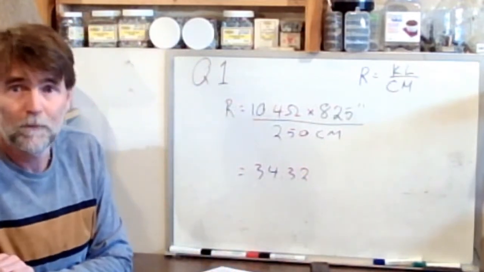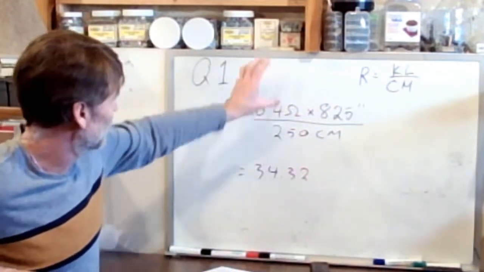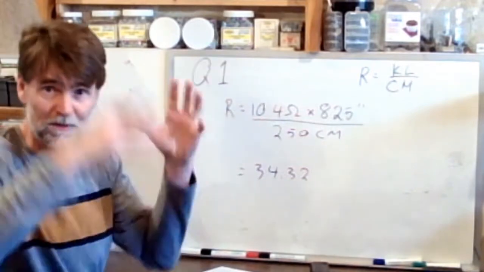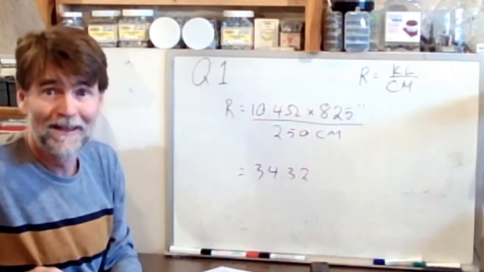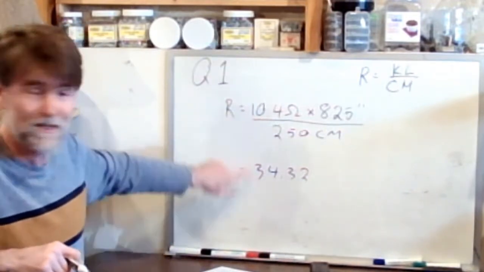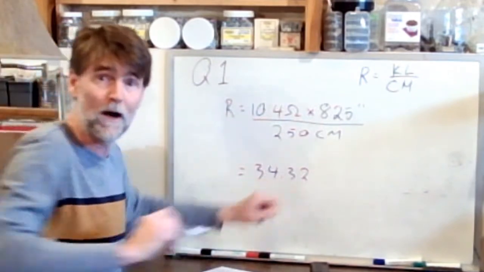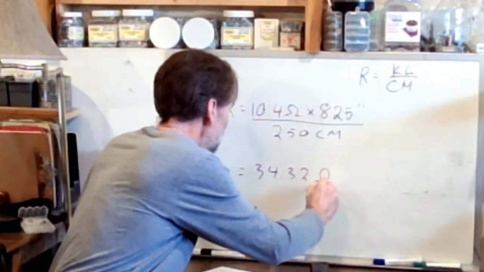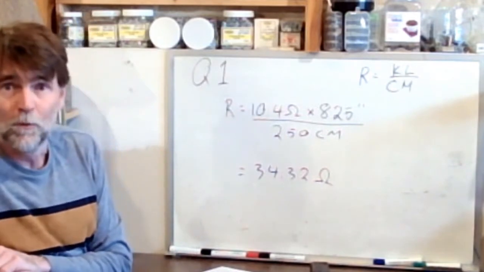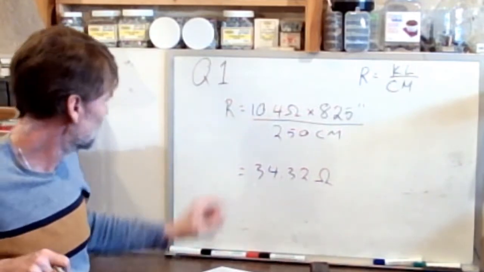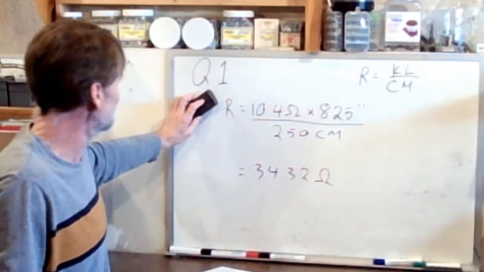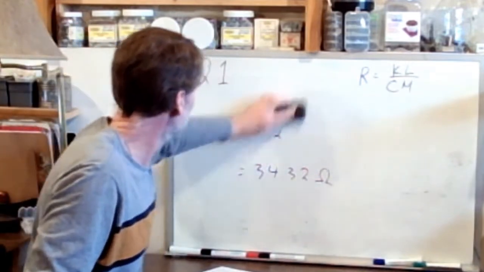We could actually get in here and figure out how all the units cancel out and so on and so forth. But at the end of the day, what we're calculating is resistance, which means the number that we come to is a value in ohms. Okay, so that's question 1. Fairly straightforward, just a good place to start. Let's move on.